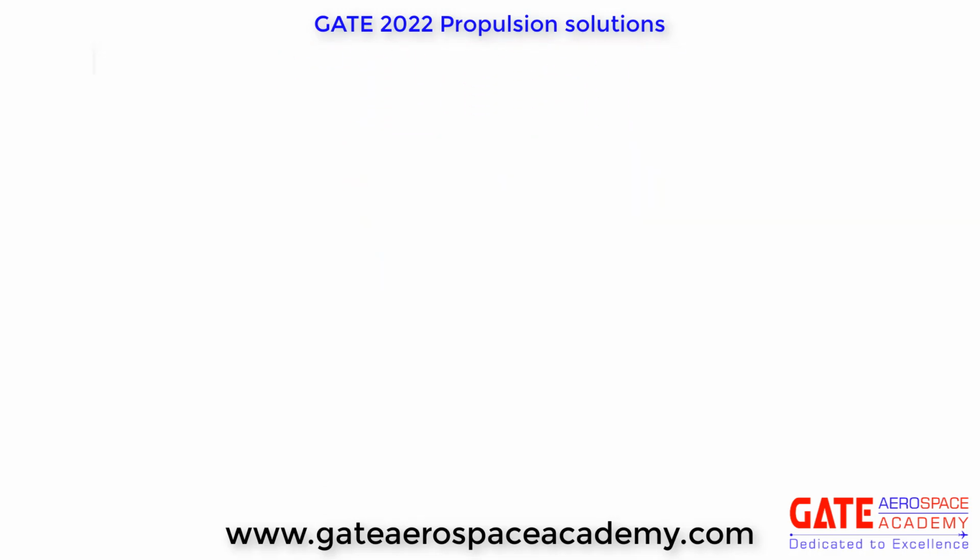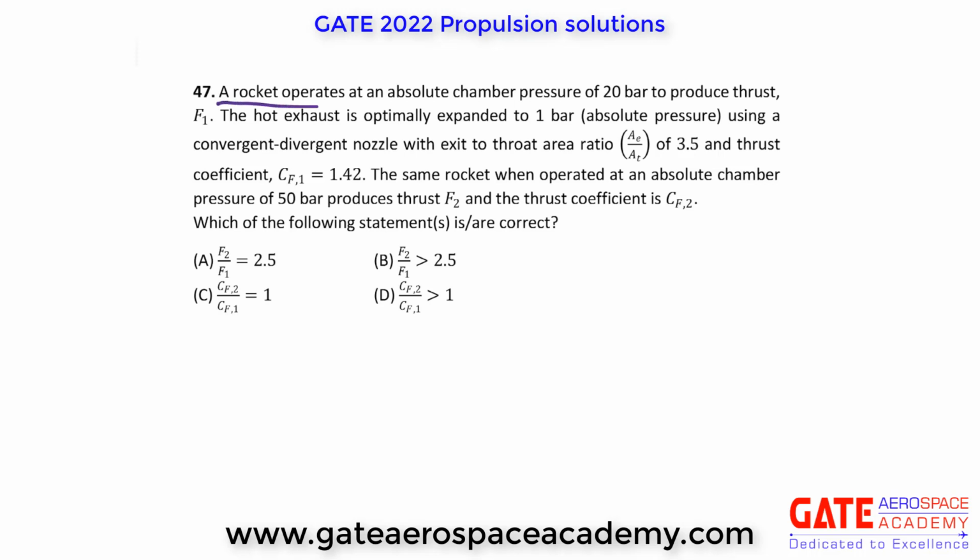Question number 47. A rocket operates at an absolute chamber pressure of 20 bar to produce thrust F1. The hot exhaust is optimally expanded to 1 bar absolute pressure using a convergent divergent nozzle with exit to throat area ratio AE by AT of 3.5 and thrust coefficient CF1 is equal to 1.42.